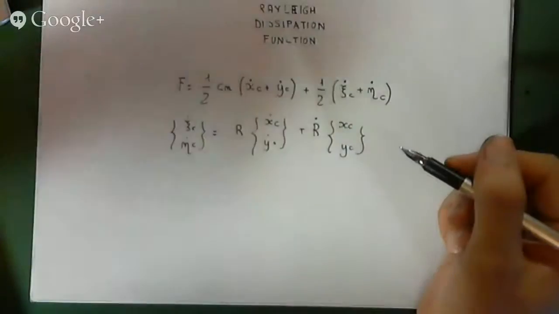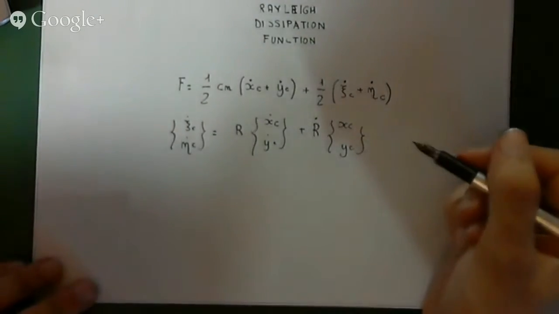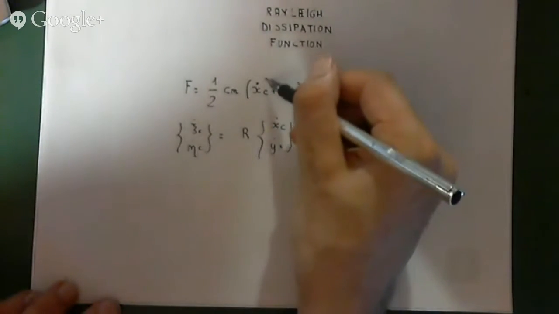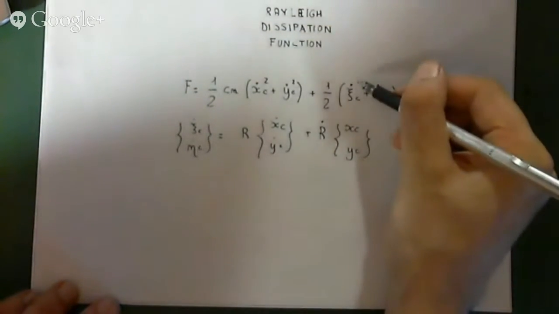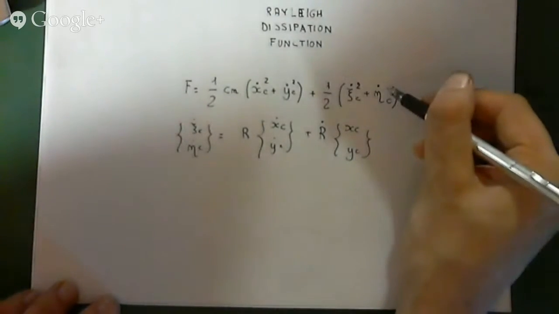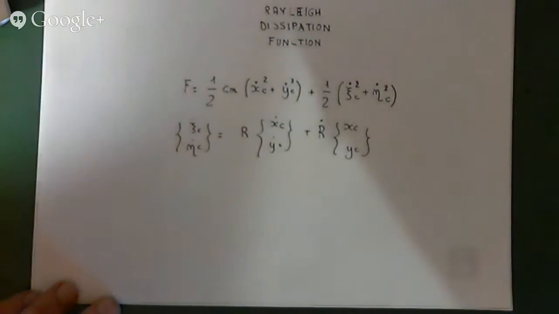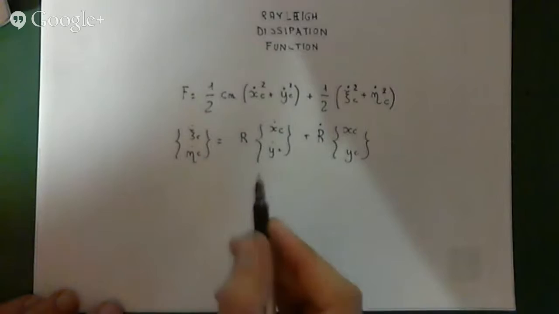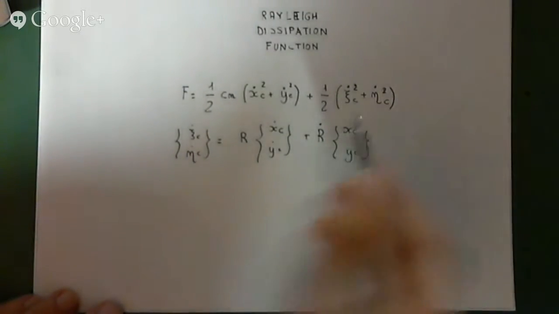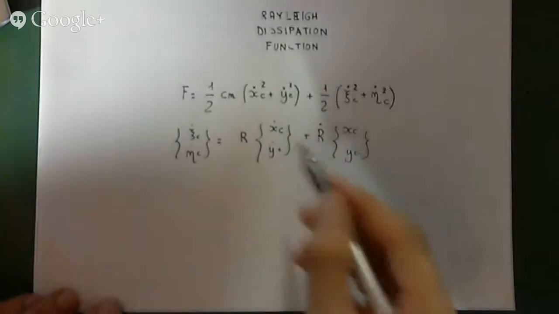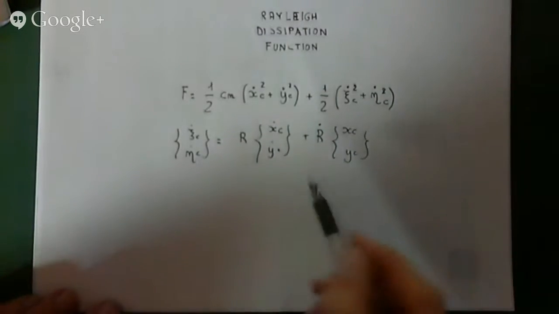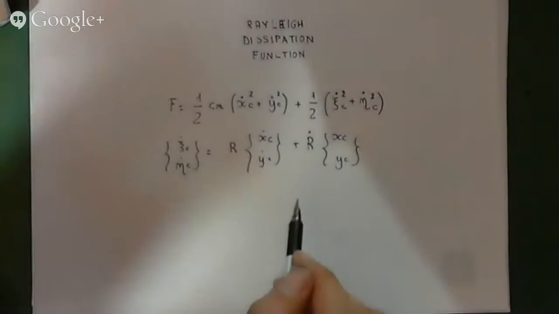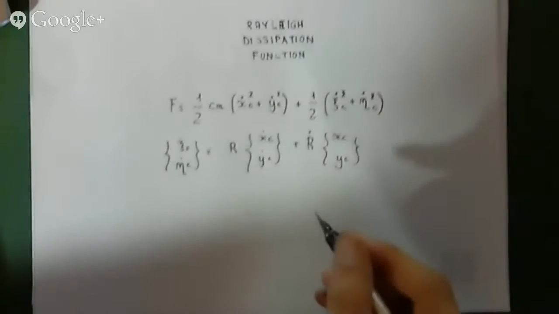Substituting, we have xi point C squared plus eta point C squared, which is the vector transposed times the same vector.